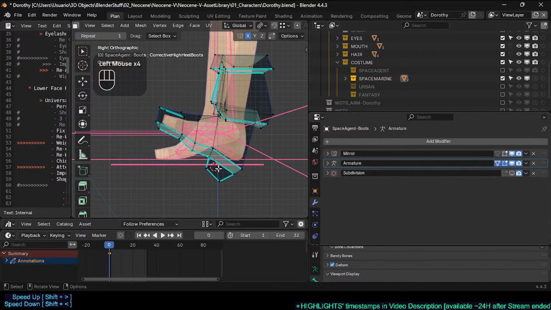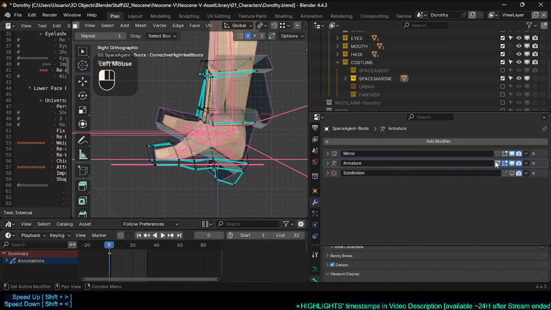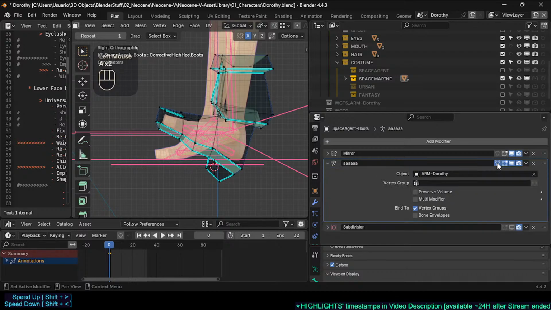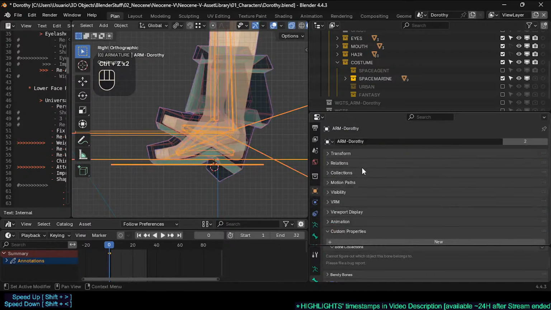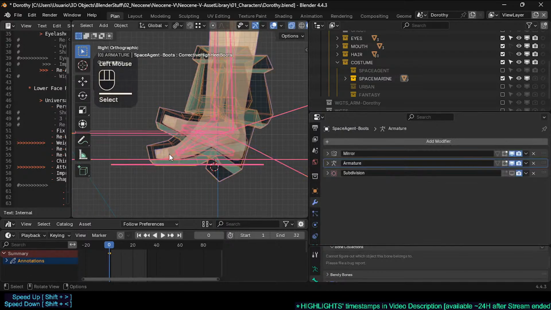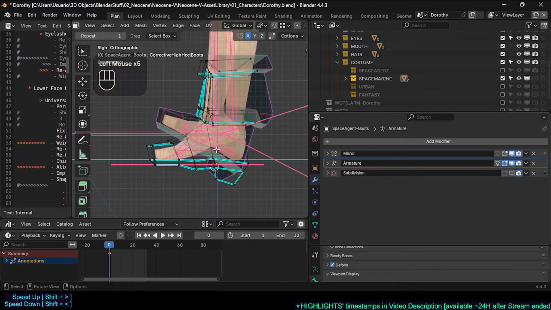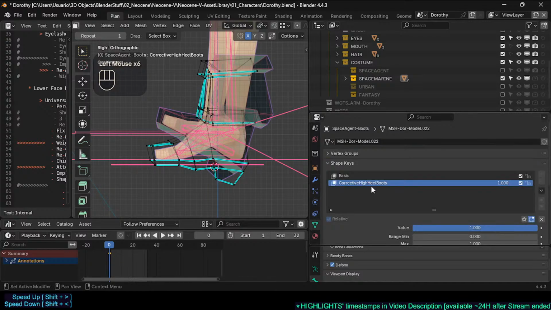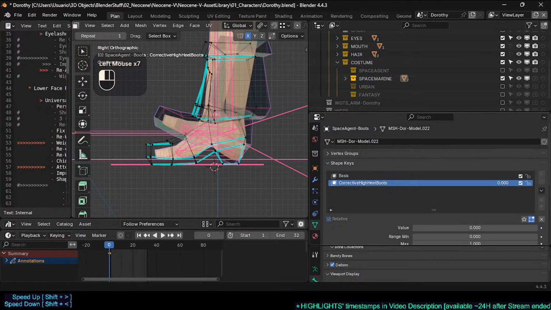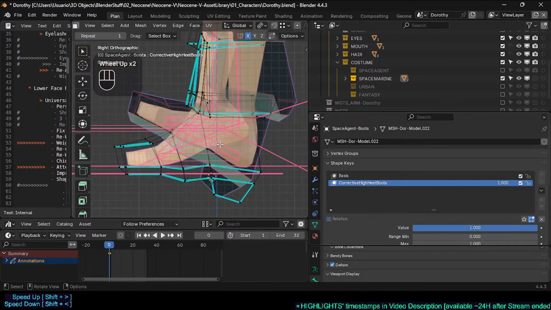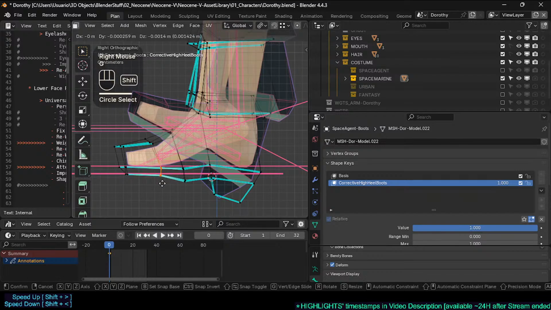What can we do about this? Okay, so you see, this is the shape that is being distorted.